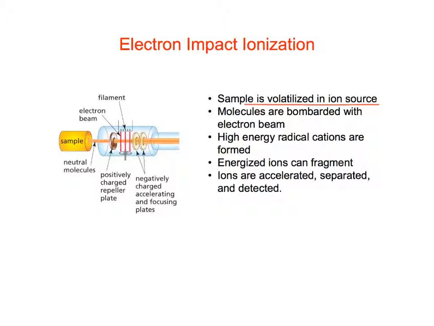And so once you put it in the vacuum chamber, you can heat it if you need to get it to volatilize, and then you have the vapor in the ion chamber. They're bombarded by the electron beam. They generate these radical cations, and then those energized ions can fragment. Okay, so I kind of already mentioned all of this.